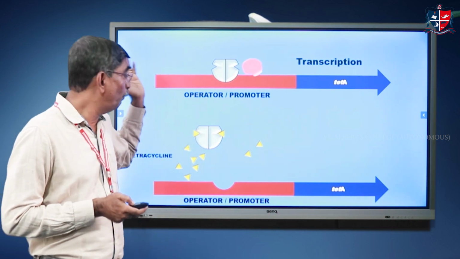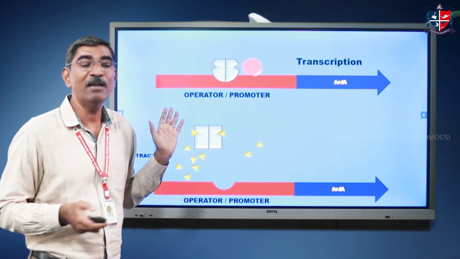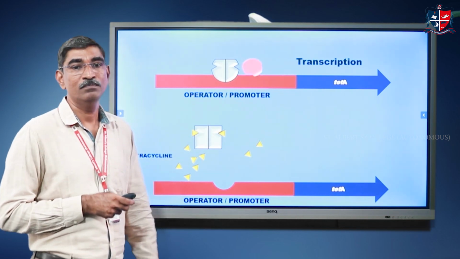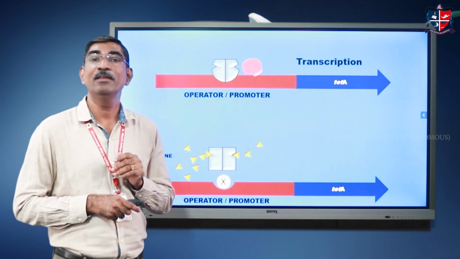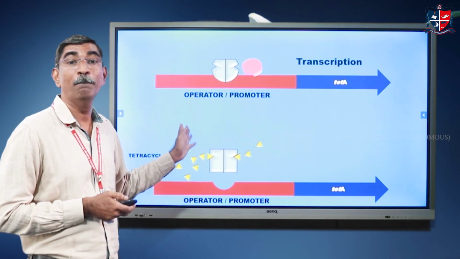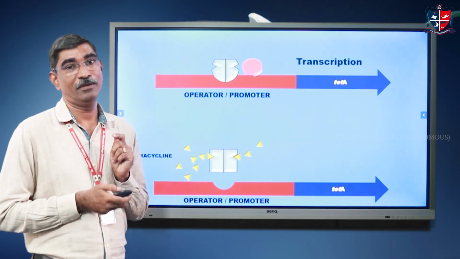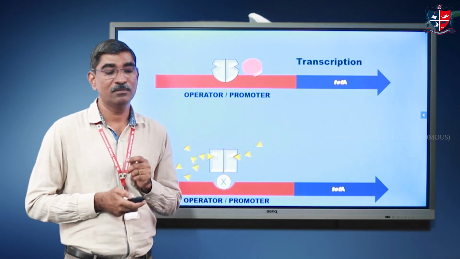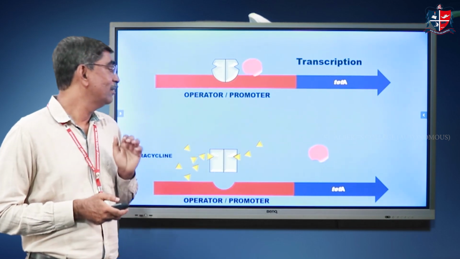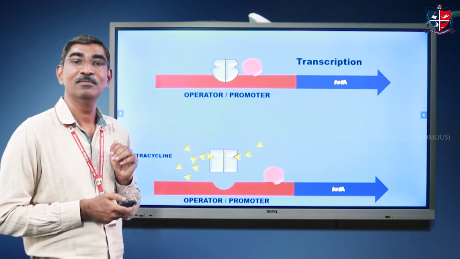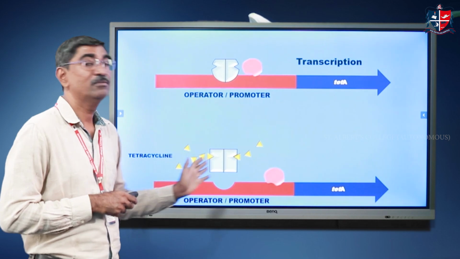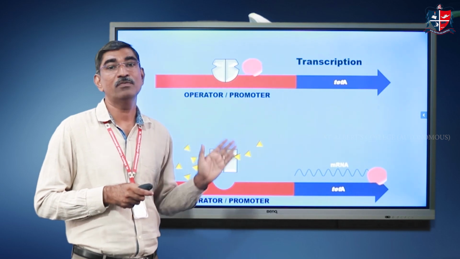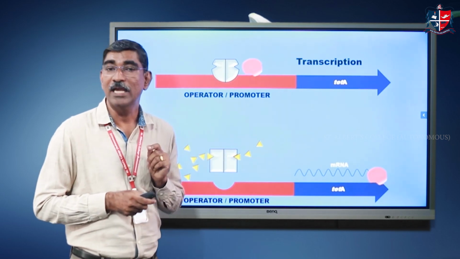Once it is bound to the repressor, a conformational change will take place in the repressor. And as a result, this tetracycline repressor cannot bind at the operator. That means the RNA polymerase can very well bind with the promoter and it will initiate transcription of the downstream genes. This is what is happening in the case of this tetracycline operon.